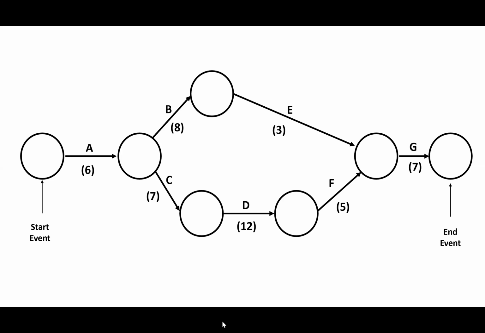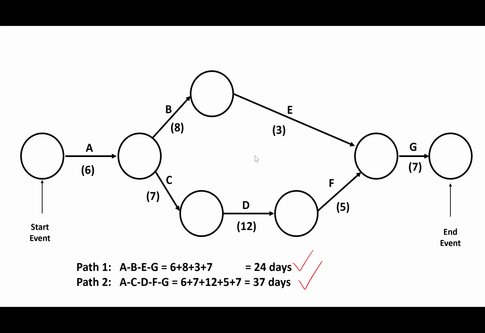We have path A, B, E, G, and path A, C, D, F, G. Now, when we look at the number of days, we see that path 1 is 24 days, and path 2 is 37 days.